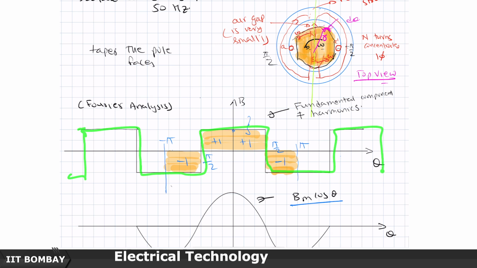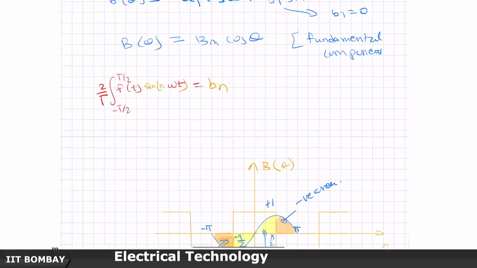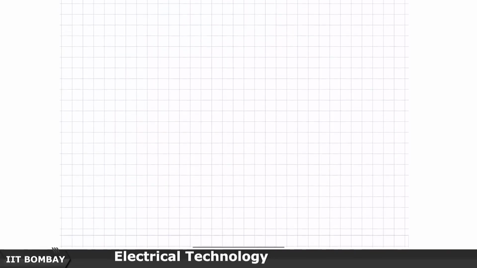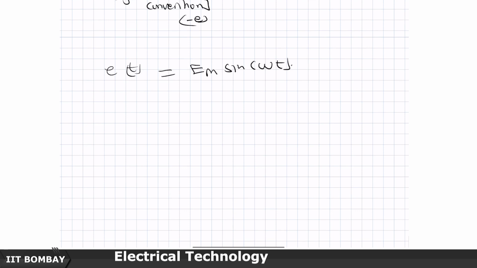If you keep rotating, it will keep on going like this ad infinitum. Therefore, this waveform that I am getting here is also going to be ad infinitum as long as I keep rotating. I will keep getting a sinusoidal voltage waveform E of t like the following.